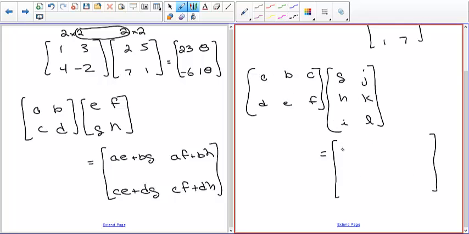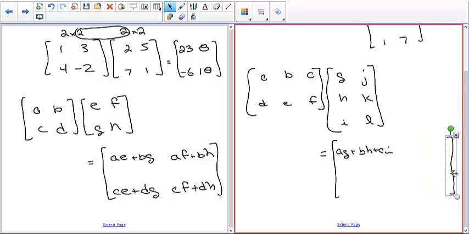So what you have is AG plus BH plus CI. Okay, move this thing over a little bit, make some more space. So that's the result for the first row, first column.